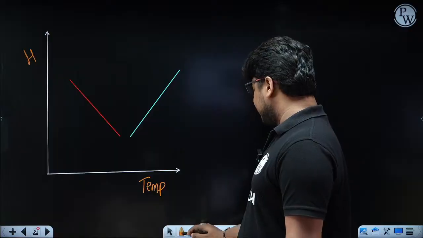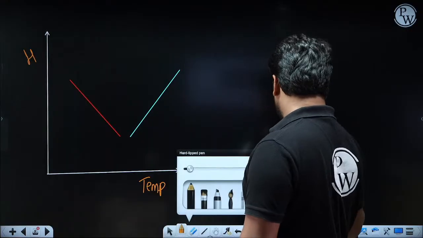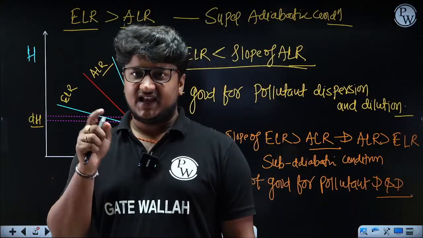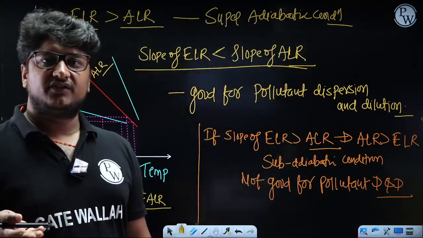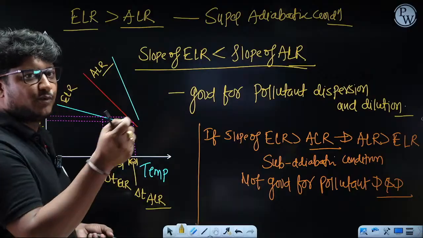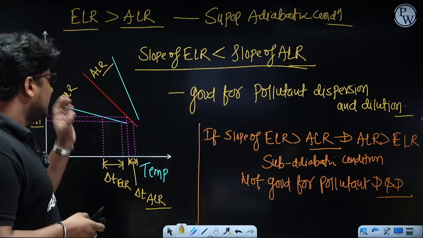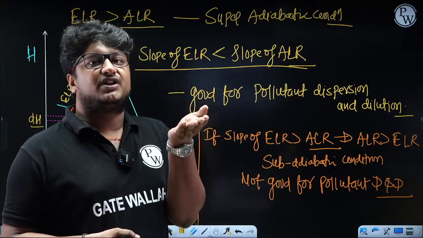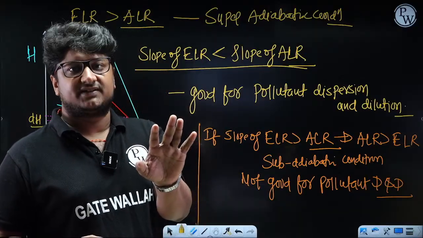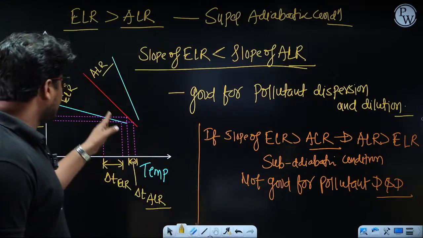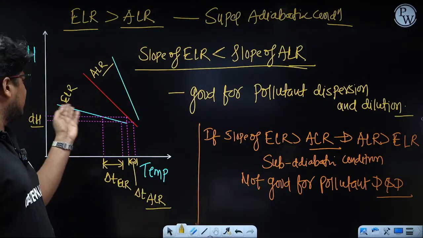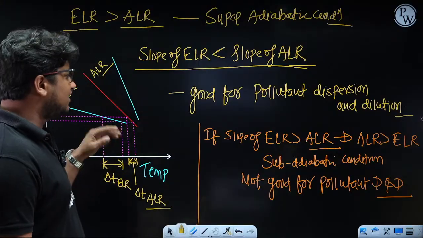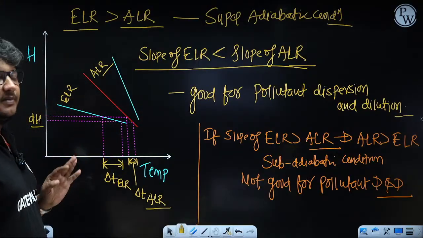In the last two cases which we have discussed, your ALR value is anyway negative always. That means minus 9.8 degrees Celsius per kilometer. What does minus indicate? Minus indicates that when you increase the height, the temperature will decrease. Basic. Even for ELR we are getting the same. When you increase the height, the temperature value is decreasing for ELR, environmental lapse rate.